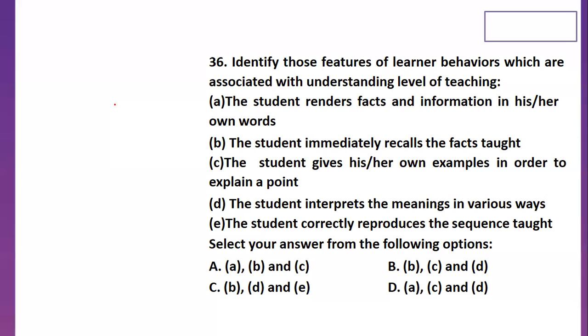So let's see. The right one associated with understanding level is rendering the facts and information. Yes. Then the student who gives examples. And the student who interprets the meaning in various ways. These are the behaviors associated with understanding level.